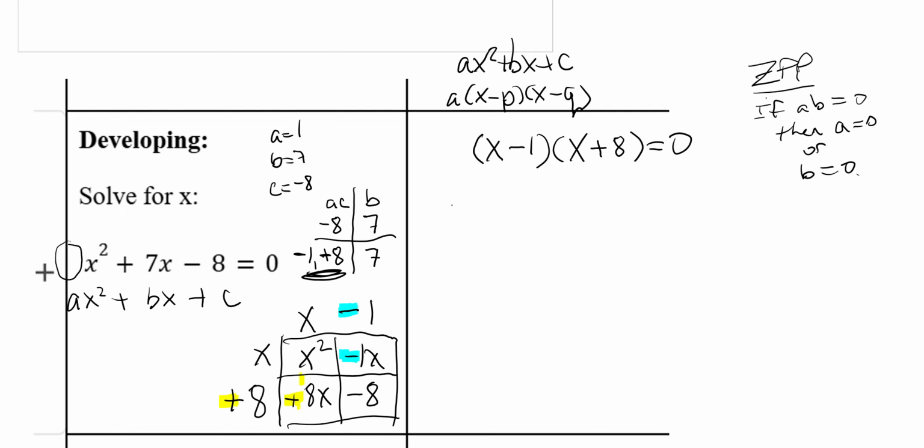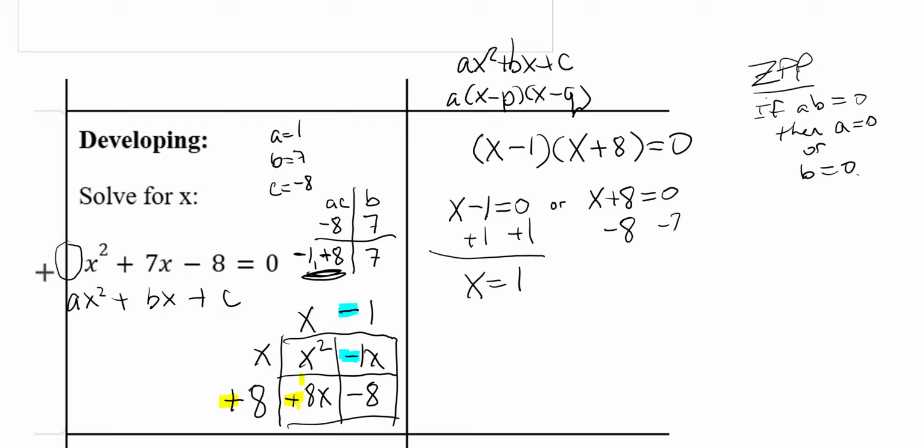So I'm going to say either x minus 1 equals 0 or x plus 8 equals 0. If I add 1 to both sides over here, then x equals 1. But if I subtract 8 from both sides over here, because the opposite of adding would be subtracting, that cancels that, and x then is equal to -8. And so my solutions are 1 or -8.